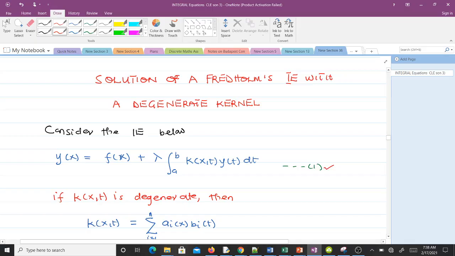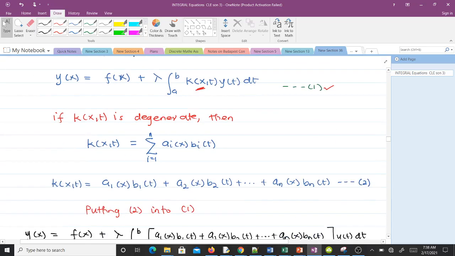If the kernel K of x, t is degenerate, then it can be written in this form. We've explained what degenerate kernels are, and when we expand them we have something in this form. Let's name that equation 2.